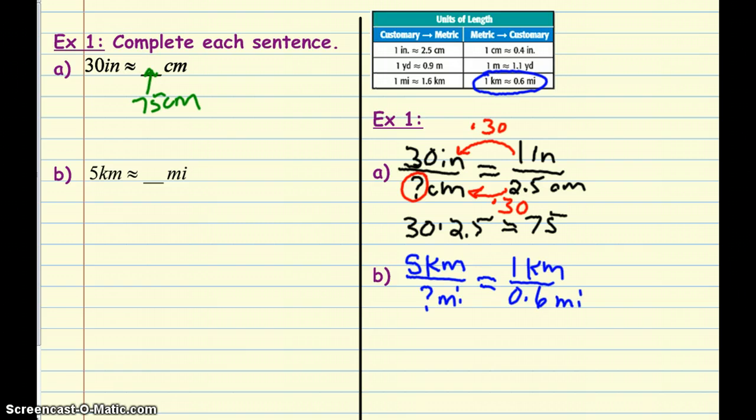Just like the first example, I can do 1 times 5 to make 5, so I take 0.6 times 5 to find the missing value. 5 times 0.6 is equal to 3. So 5 kilometers is approximately the same as 3 miles. Very straightforward with just one step involved.